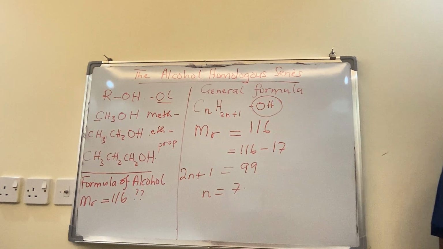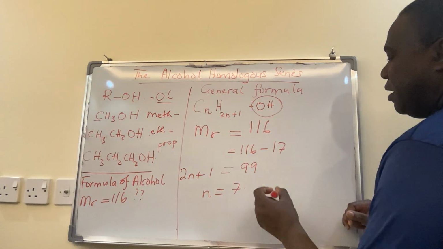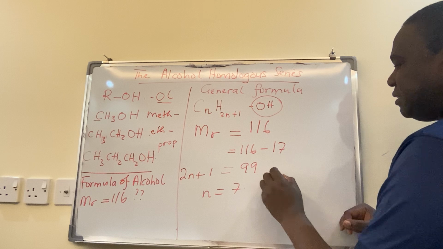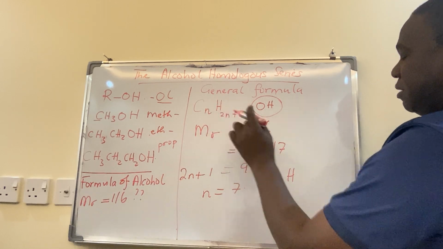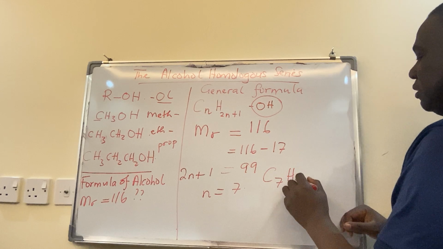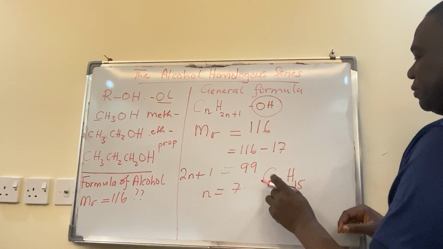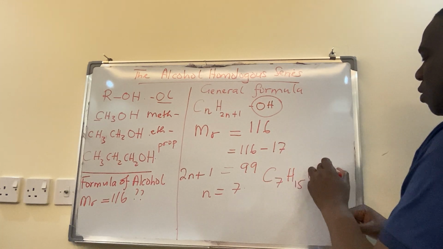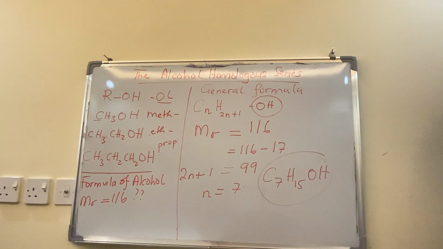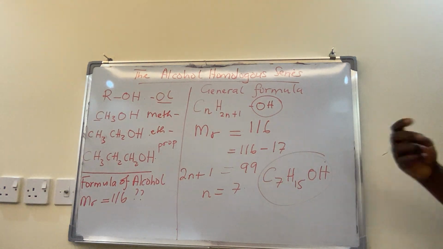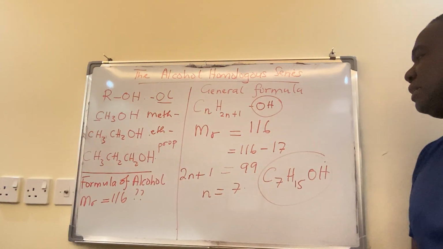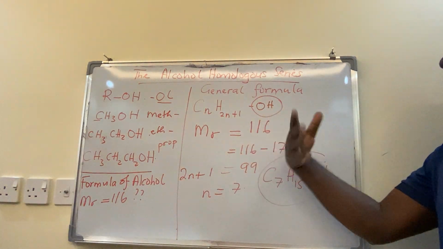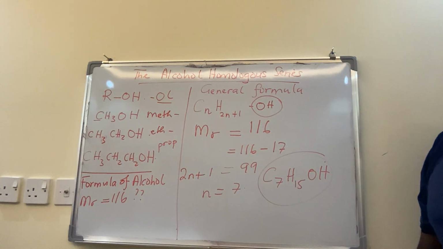If my n is 7, you're going to say C7, and then 7 times 2 is 14 plus 1 is 15. So C7H15OH becomes my answer. That's how you can handle the part where they say the Mr is 116: isolate OH first, and then determine n by using that equation.